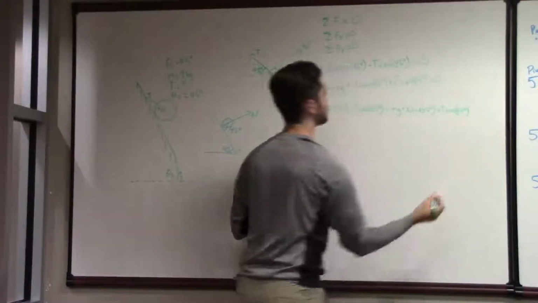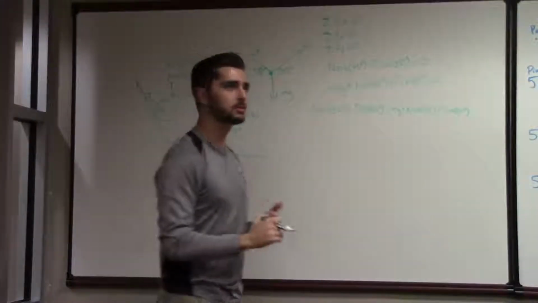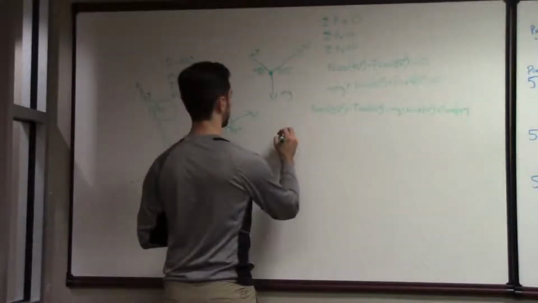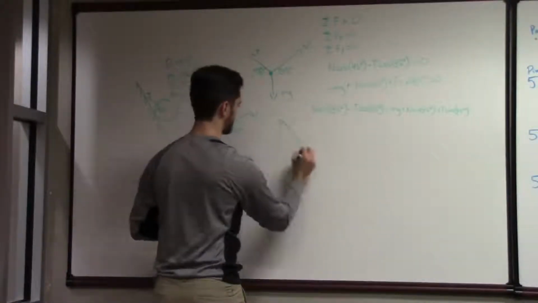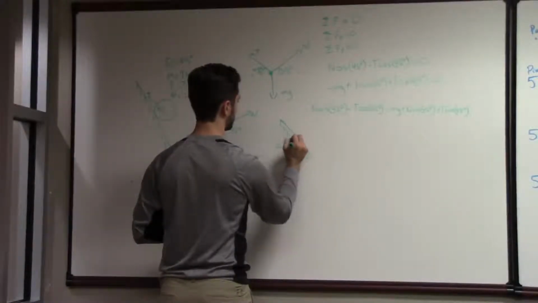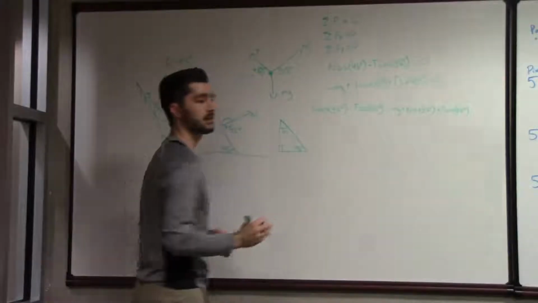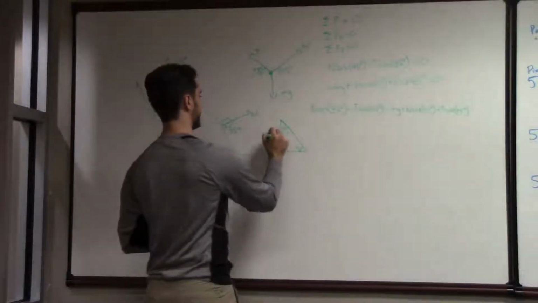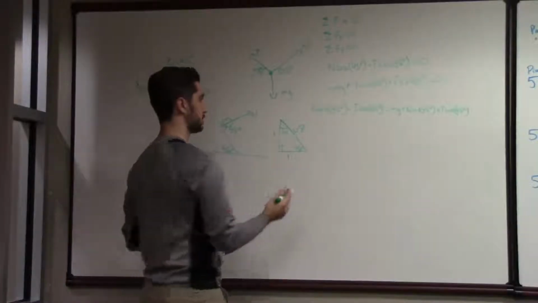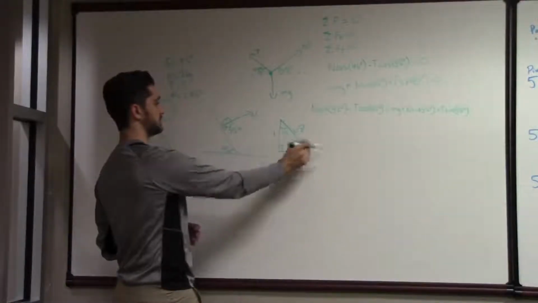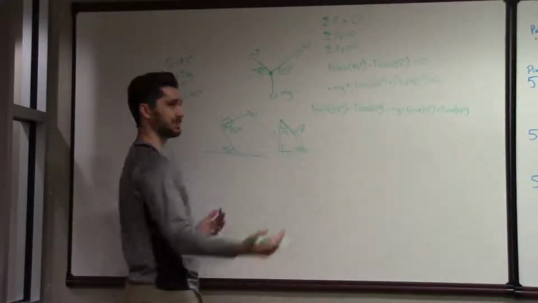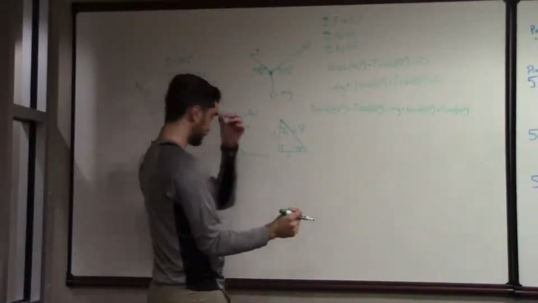Okay, so 45 degrees is one of the angles that we have a pretty well-known trig identity for. So if you remember, it'll be something like this. You have your 90-degree angle, 45, 45. So a 45, 45, 90 triangle has sides 1, 1, square root of 2. So the cosine of 45 will be the adjacent over the hypotenuse. So it'll be 1 over the square root of 2. Sine will be the same exact thing since this is 1 as well.